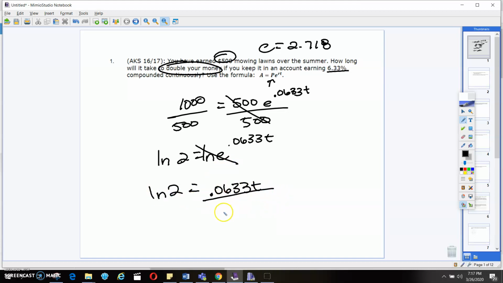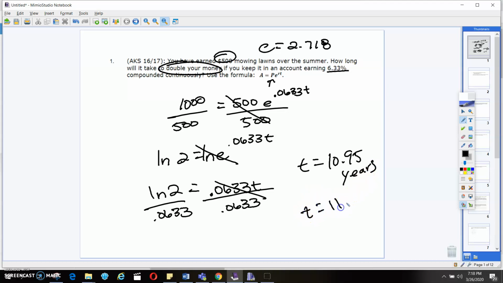I'm going to divide by 0.0633 on both sides, and that's going to give me T equals, and if I plug this into my calculator, I'll get 10.95, and that's going to be in years. Now, if this was a multiple choice question, T would probably be 11 years. That would be the answer choice that I would go to.